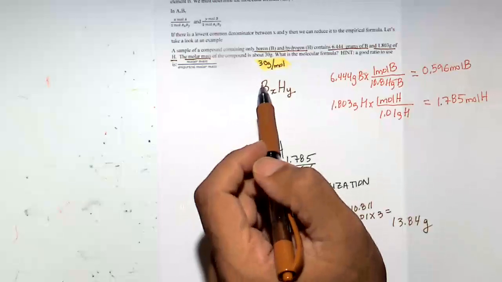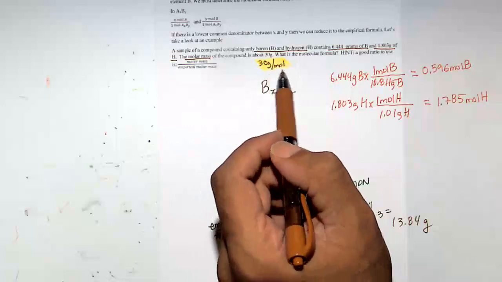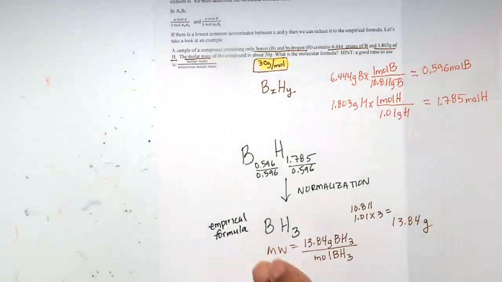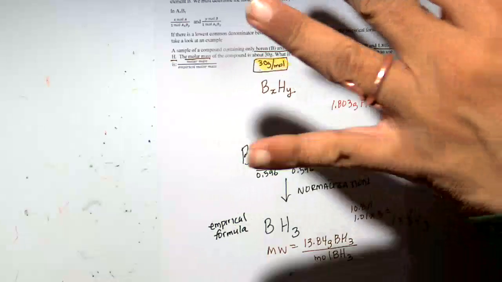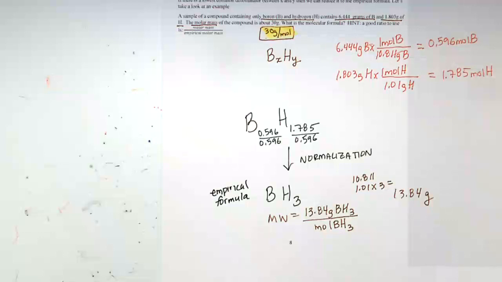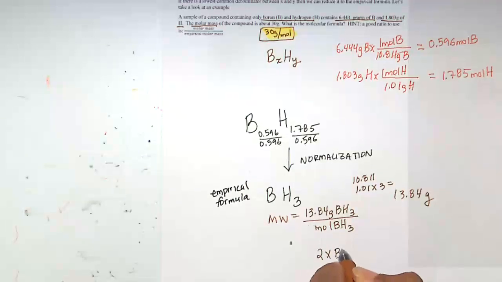What is the actual molecular weight of the unknown compound? Our empirical formula does not match the weight of the molecular formula. So I'm going to multiply it by 2, or by 3, or by 4. I'll try 2 first.